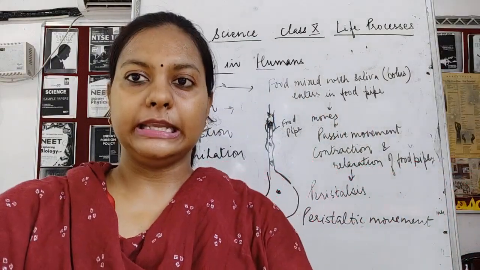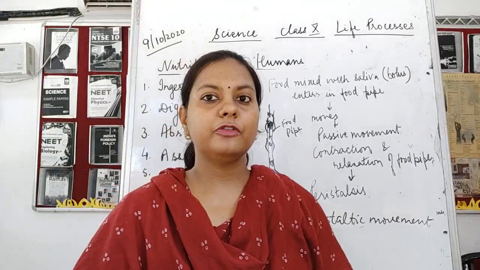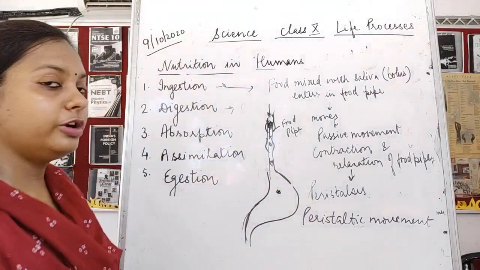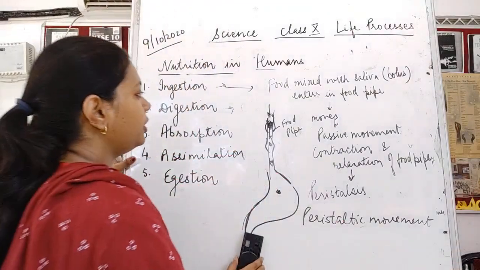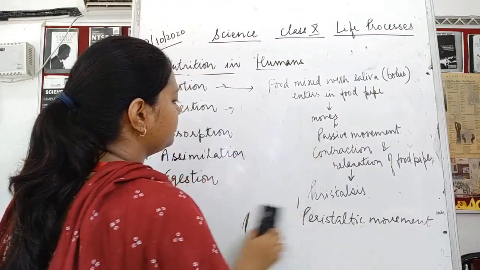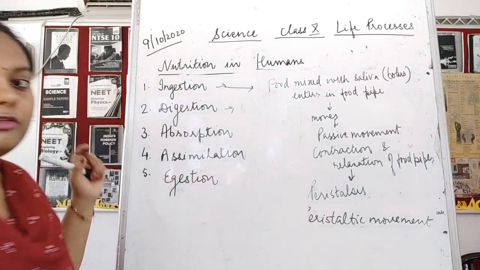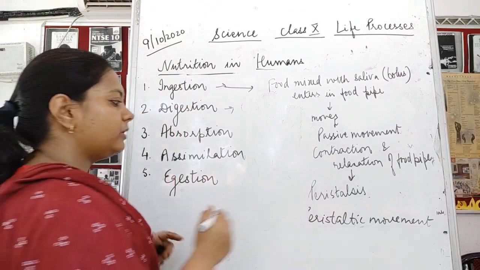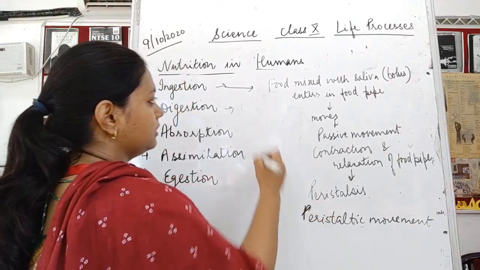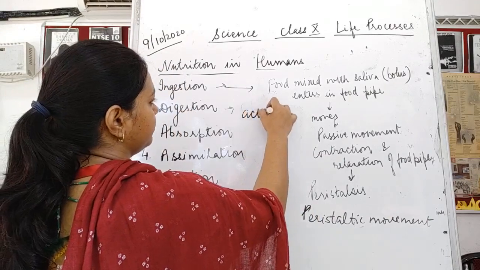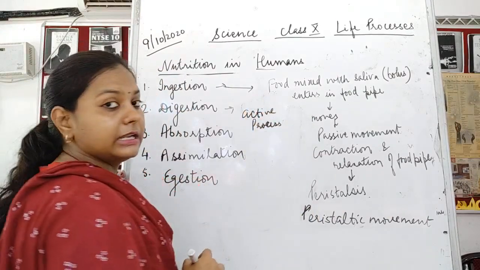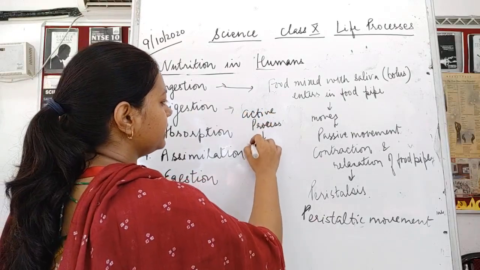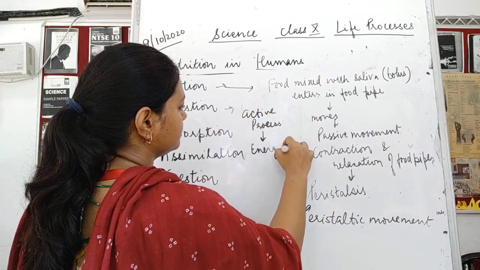Passive movement here means, now I told you that there are two types of movement, active movement and passive movement. What do you mean by active movement? Active process means the process where energy is required.